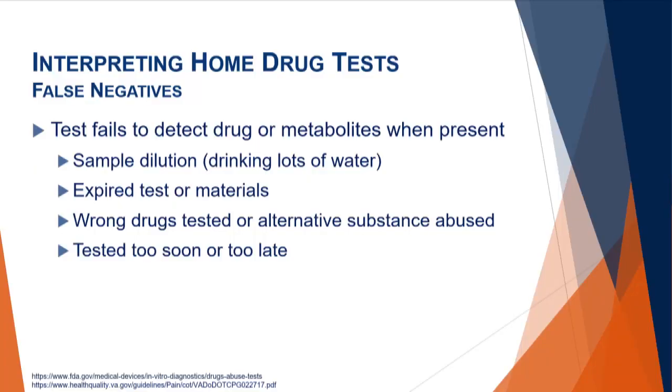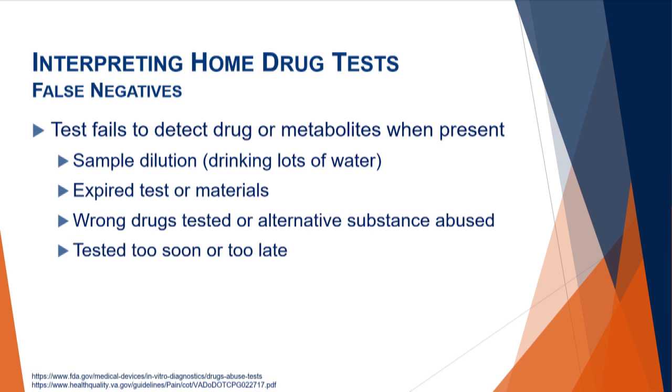When interpreting home drug tests, it's really important to note the limitations and the potential for false positives and false negatives. First, a false negative, which is when the test fails to detect a drug or metabolite when one is actually present, can be caused for a number of reasons. First, the sample could be too diluted to detect the presence of the substance.